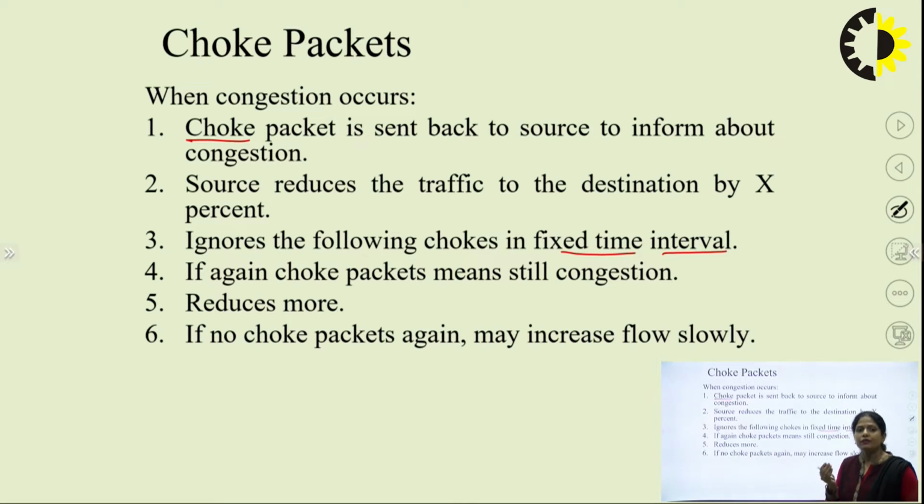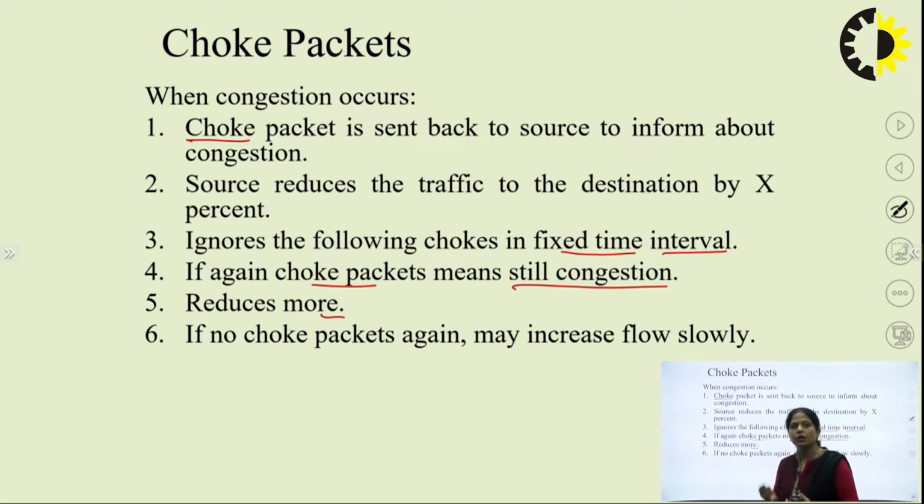Then if it again receives a choke packet, that means there is still congestion on the network. The congestion has not yet been resolved and still exists in the network. So if again a choke packet arrives, that means it needs to reduce its rate a little bit more.